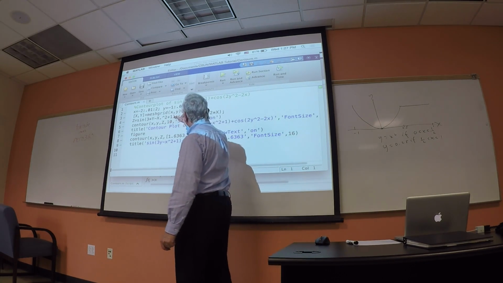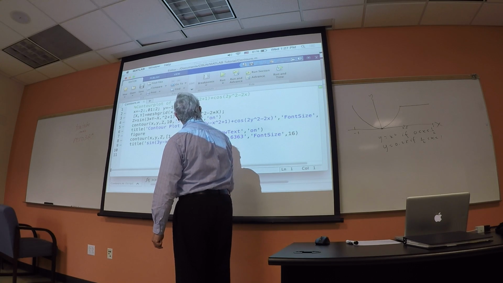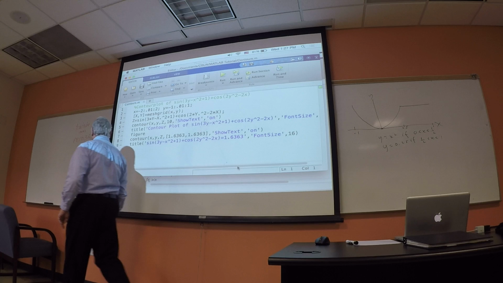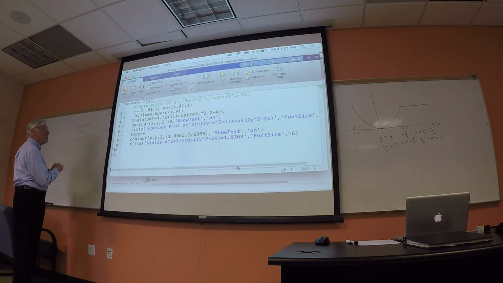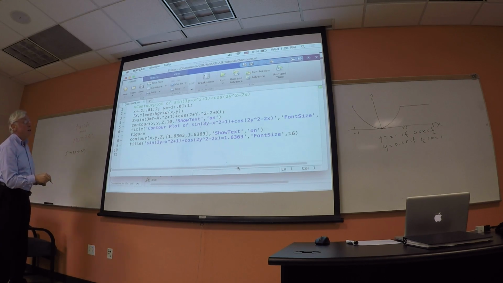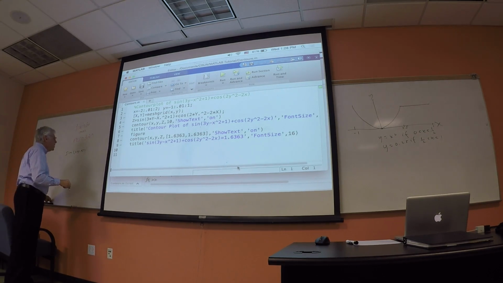Z is what I'm assigning it to. The first thing is sine of 3y minus x squared, right? Now if you were to write this on the board, you would say: sine of 3y minus x squared, plus 1, is that it?